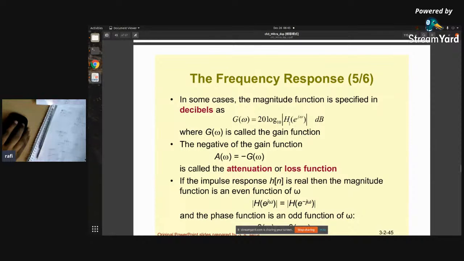Not only for magnitude response, for any variable, if you have smaller variations, if you just transform it into the logarithmic domain by taking the log of that value, these minute variations will be enhanced at lower values. We get more resolution. That's the advantage of log. You know the log x curve.